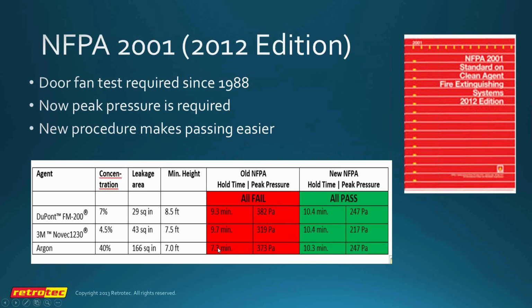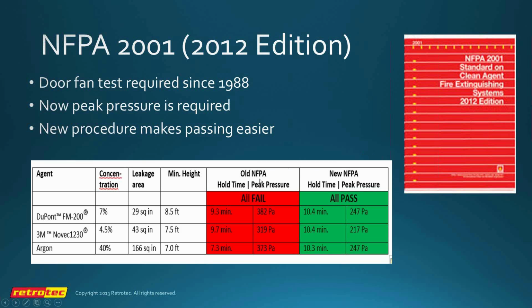These are some of the key differences that occurred going from 2001 to 2012. It was something that I labored on for about 5 years or so, and there were reasons for it. It enabled us to get longer retention times and more favorable peak pressure evaluations, removing some of the unnecessary conservatism that was in there, and I'll explain to you later how that happened.